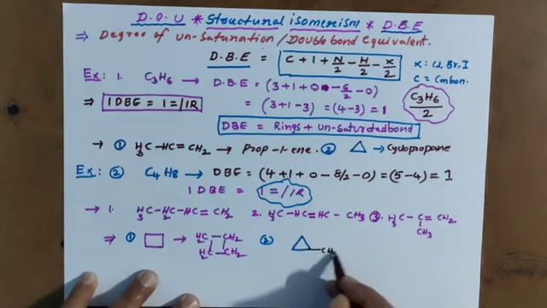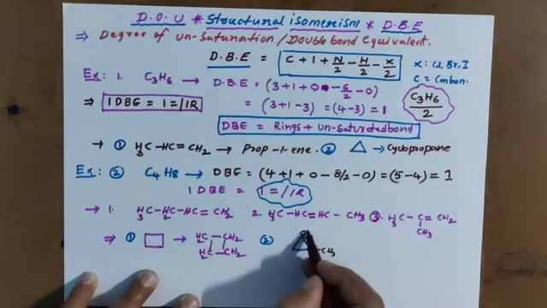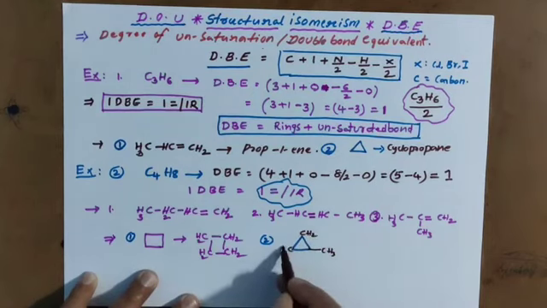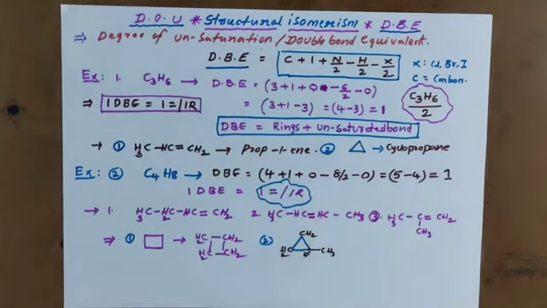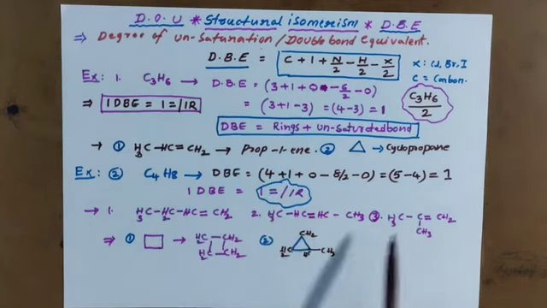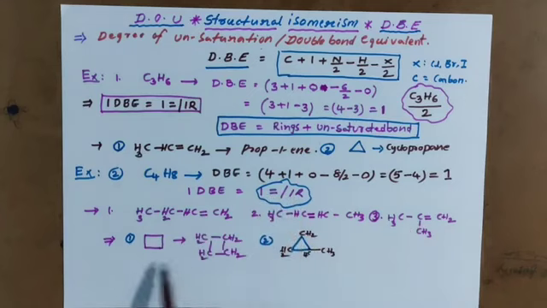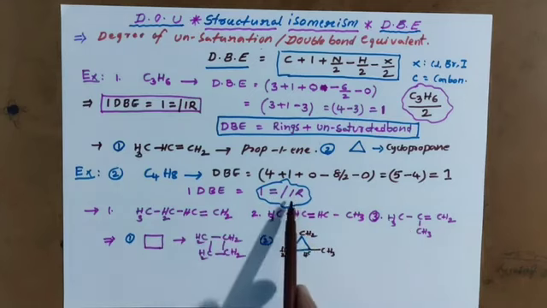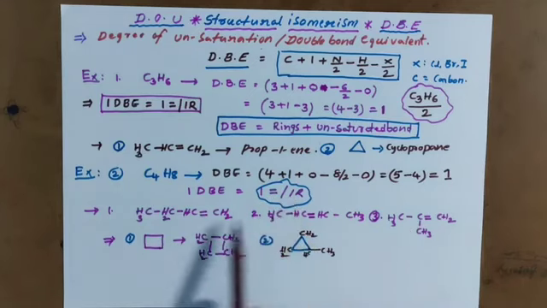You go for now, this is CH3, this is CH2, this is CH2, and this is now CH. Am I right? So with 1 double bond, 3 compounds we got. With 1 ring, we got 2. So ring structures are also possible.